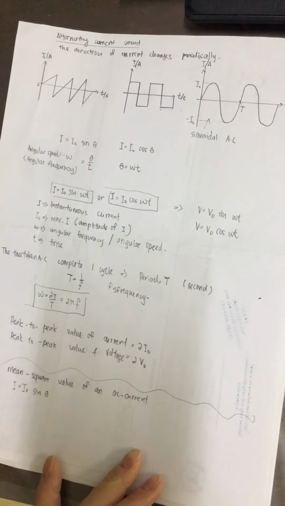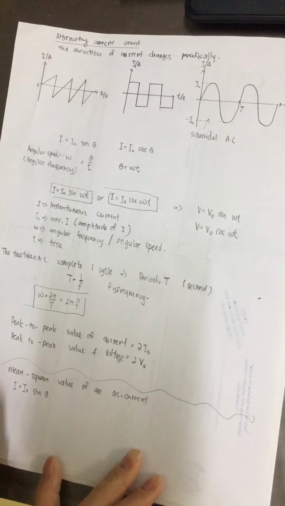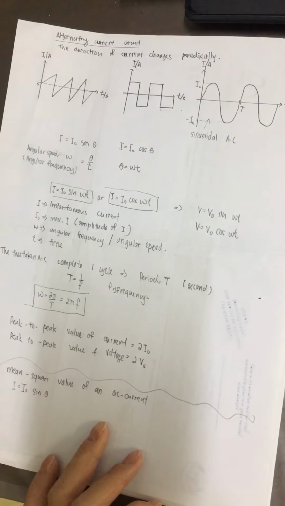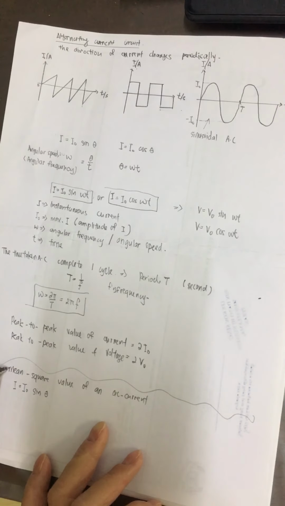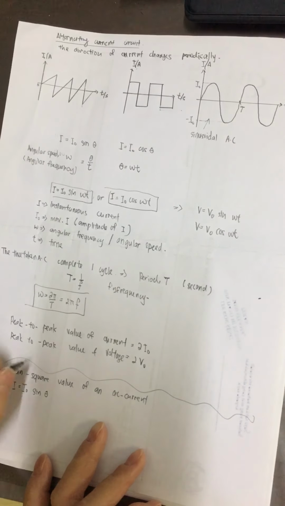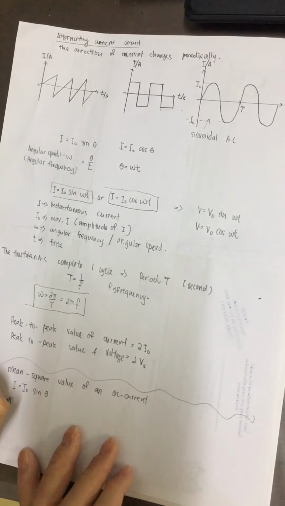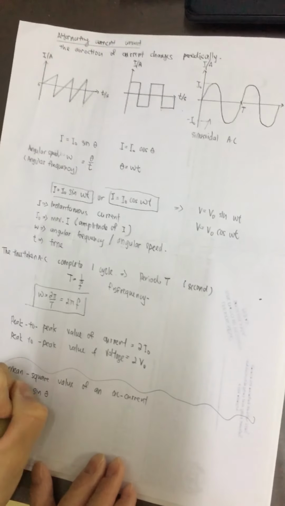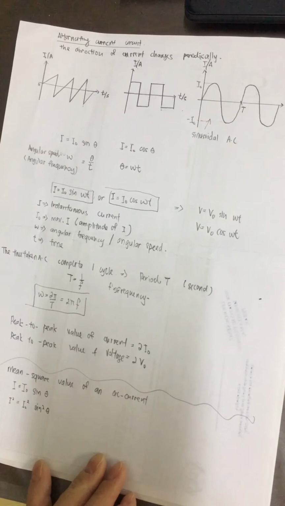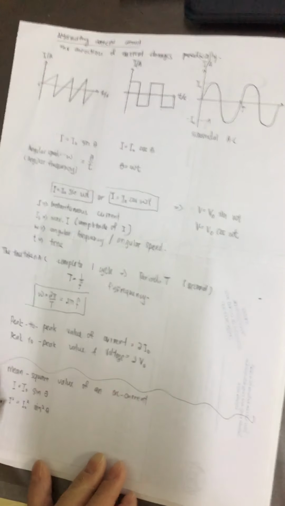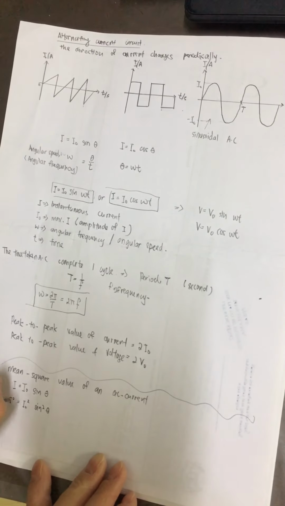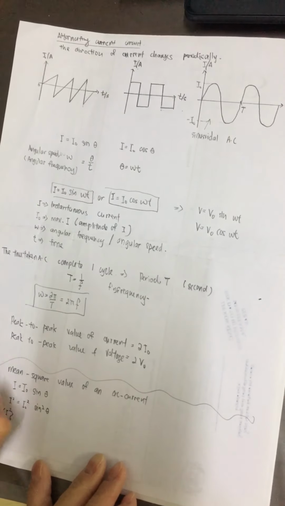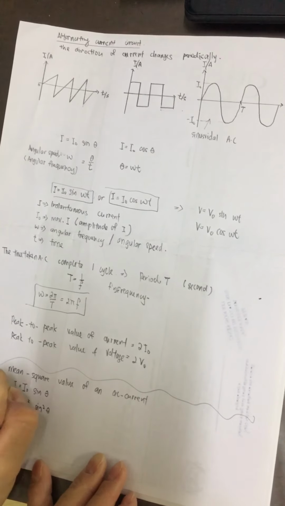We're using theta instead of omega t to simplify our equations. Mean square means you want to calculate the mean value of the square. So square both sides of your equation, and we will get something like this. If you want to find the mean square value of the current, finding the mean value of this will be equal to finding the mean value of this.